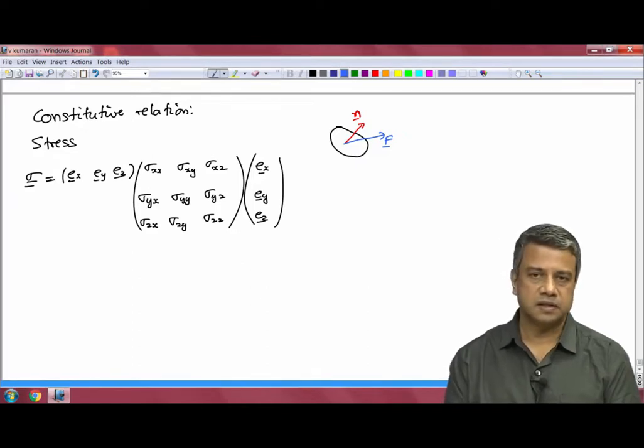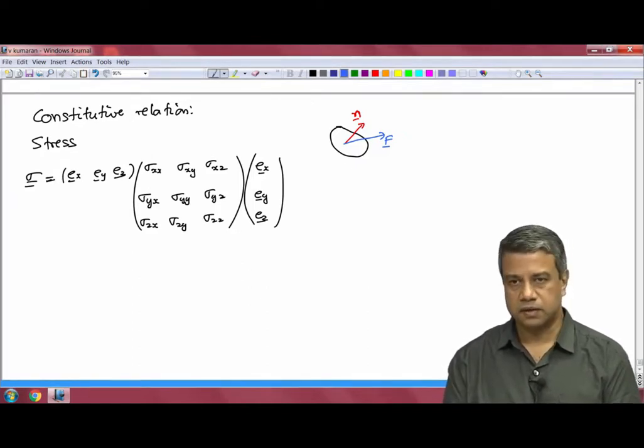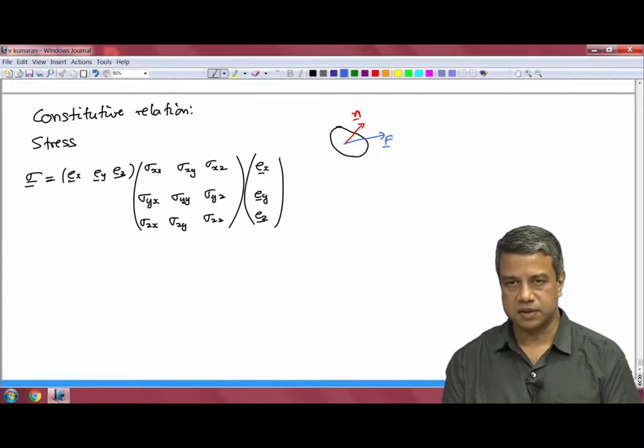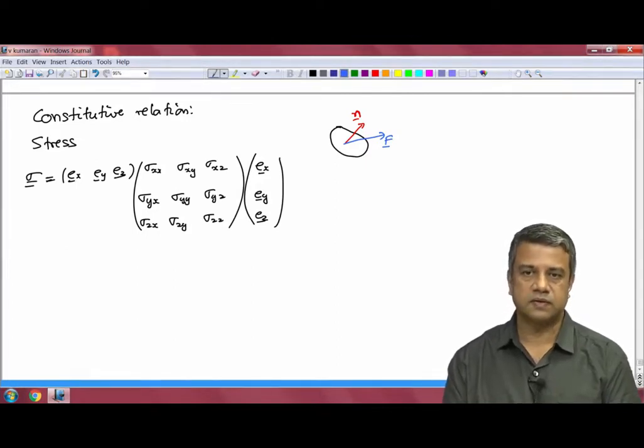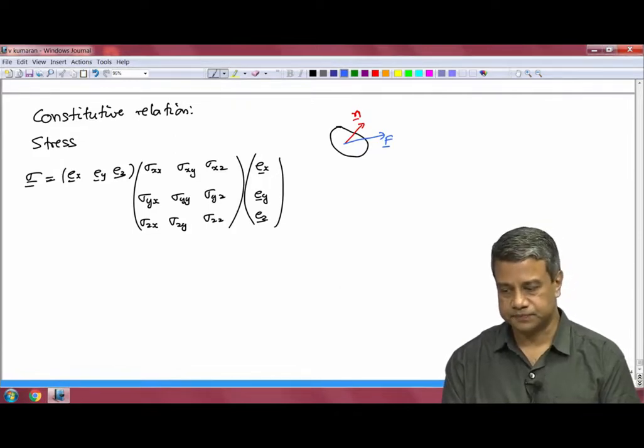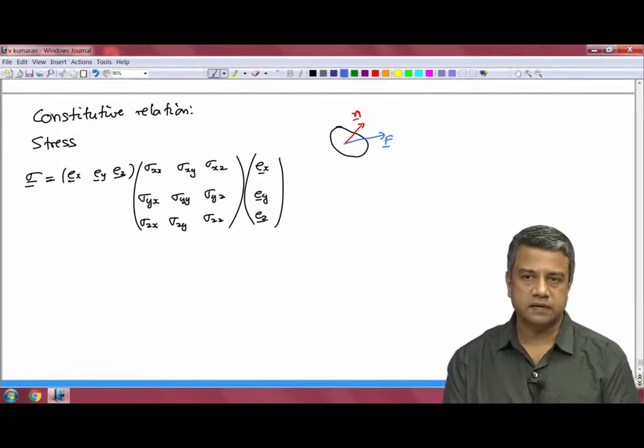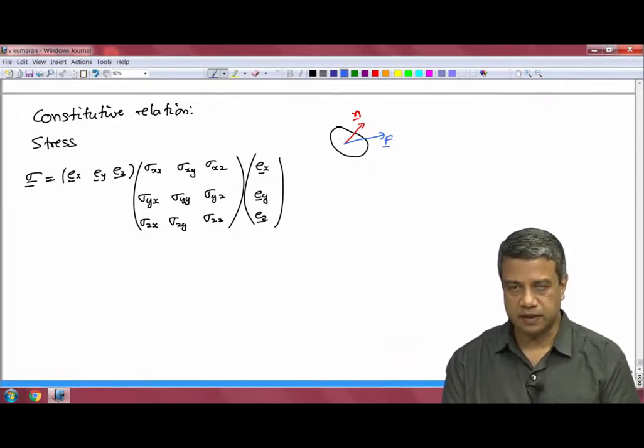In the limit, as the surface area goes to 0, the force decreases proportional to the surface area, and the stress is a constant. The ratio of the force and the surface area is a constant. First index refers to the force, second index refers to the direction of the perpendicular to the surface.